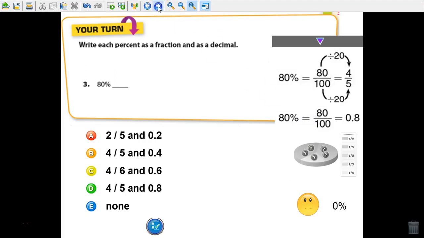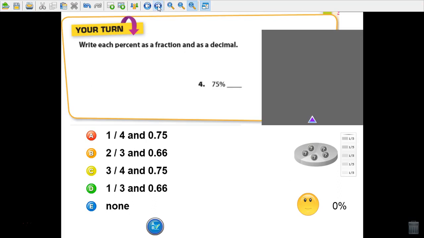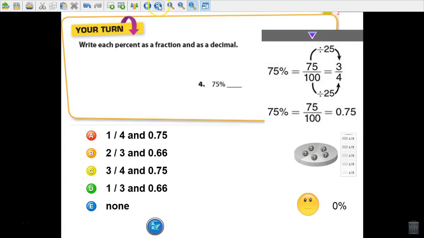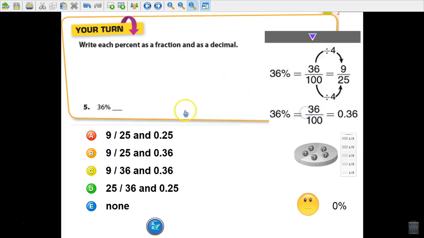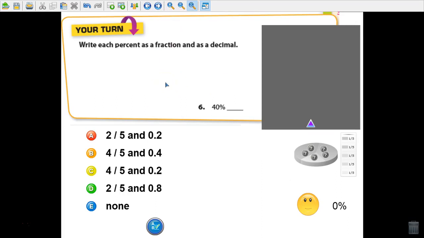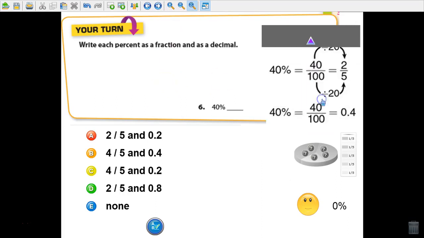All right, moving on. Pause. All right, now here's the answer. Moving on. Pause. All right, now here's the answer. And moving on. Pause. Now here's the answer. Okay, let's get it going.